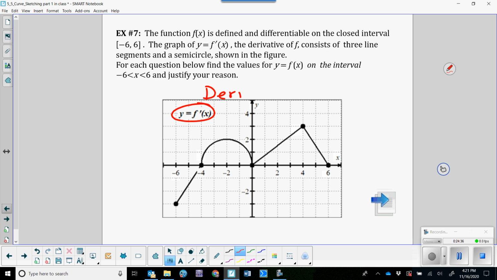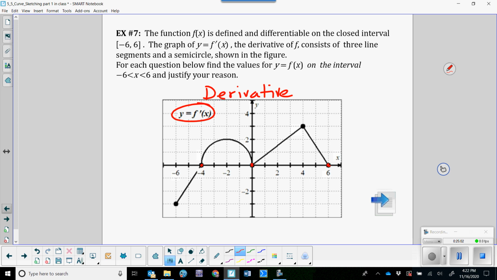So again, you might want to write derivative real big, because that tells you, hey, this graph is the derivative. So the question is, find the x coordinates of the critical points, okay? So critical points would be where the first derivative equals 0, and that's going to be at -4, 0, and 6.